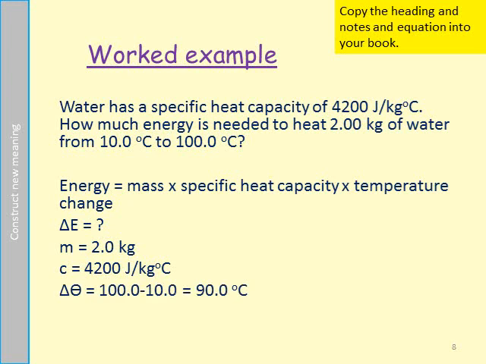The last part of the equation is the temperature change, delta theta. And you work that out. It says that the water rises from 10 degrees to 100. So you take those away, so your temperature rise is 90.